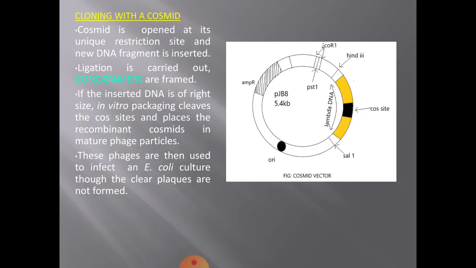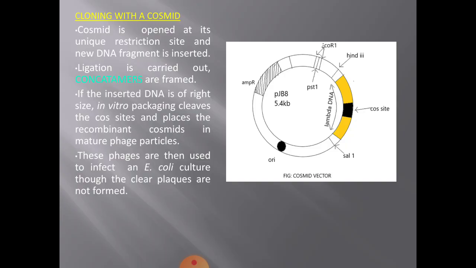Now, I have to tell you one more concept, what is known as concatemers. Framing of concatemers is a new concept that you are going to learn with reference to cosmids. What exactly is done? You will cut open the cosmid at its unique restriction site and add the new DNA fragment that is to be inserted. Then ligation is carried out so as to frame the concatemers.